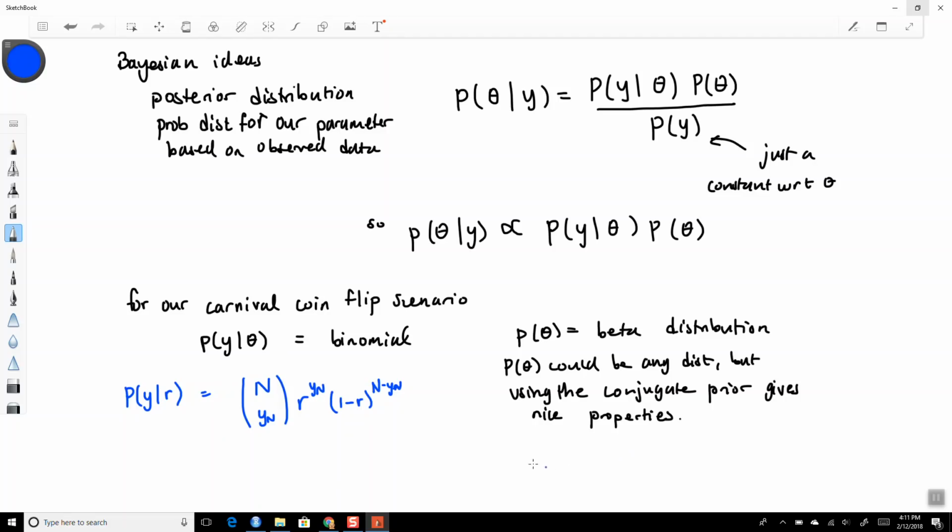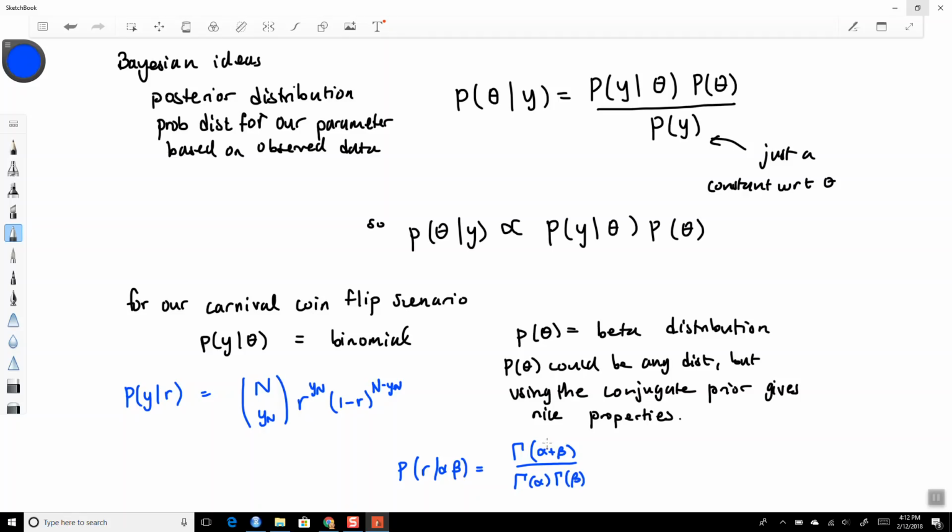And then over here, the beta distribution, the probability of our r, given shape parameters alpha and beta, you get this crazy thing, gamma alpha plus beta divided by gamma alpha times gamma beta.